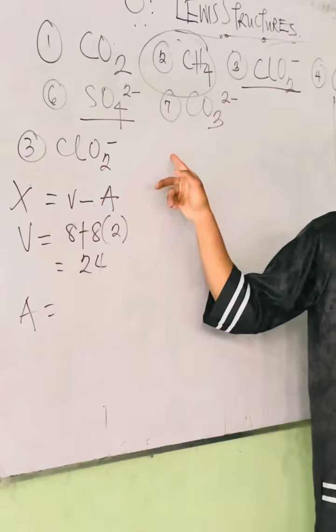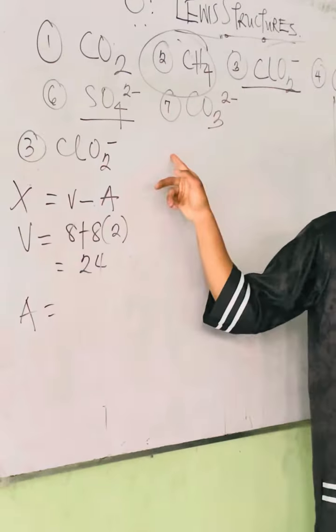Now look at it. ClO2 is carrying a minus sign at the top. That minus sign in chemistry, when you have a negative charge, means that the compound or molecule has gained electrons. But if it is plus, it has lost electrons. So whenever you have minus, you add; whenever you have plus, you subtract.